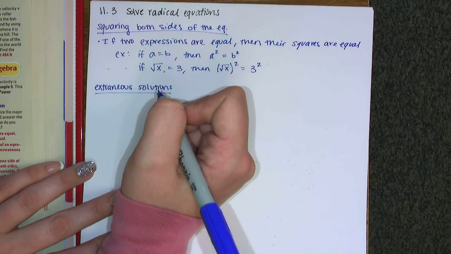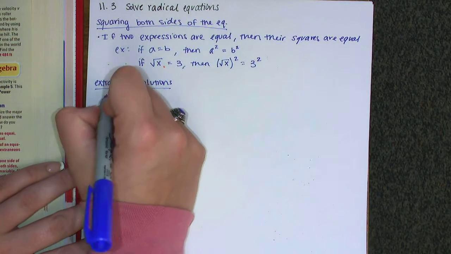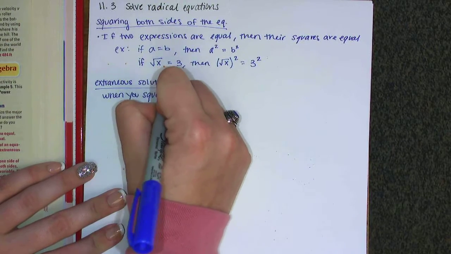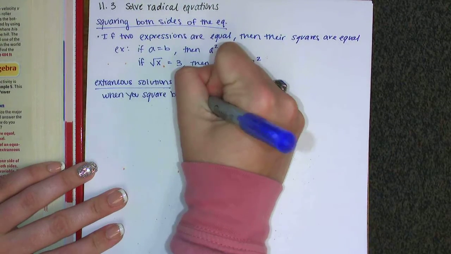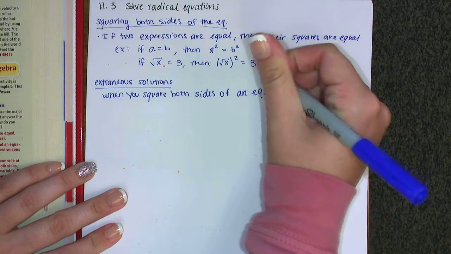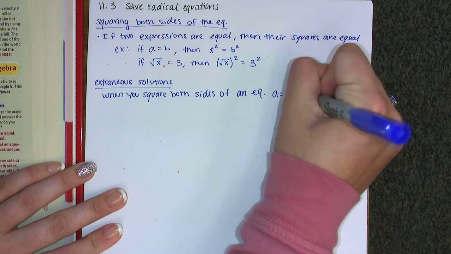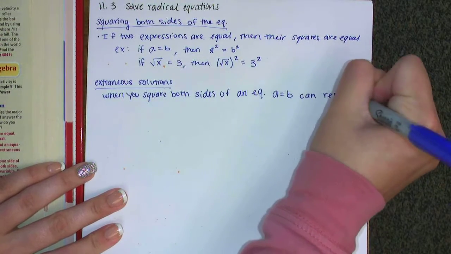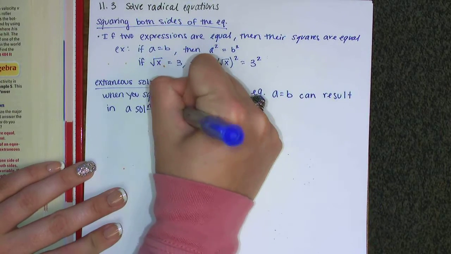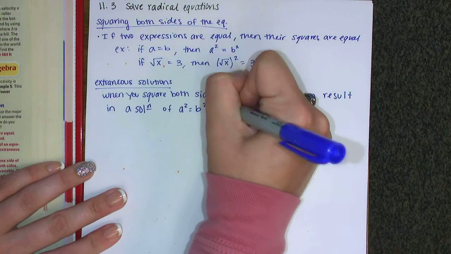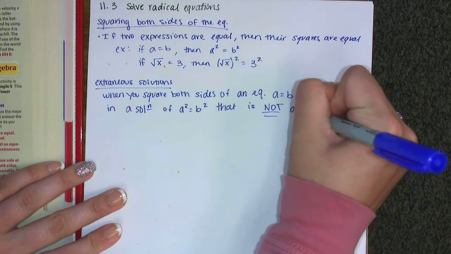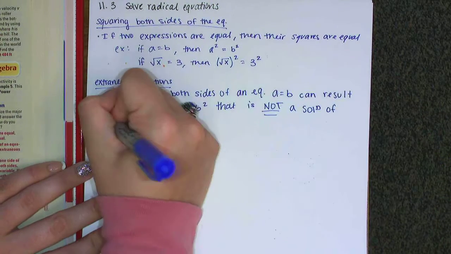So this is something like when you square both sides of an equation, A equals B can result in a solution of A squared is equal to B squared that is not a solution of the original equation.